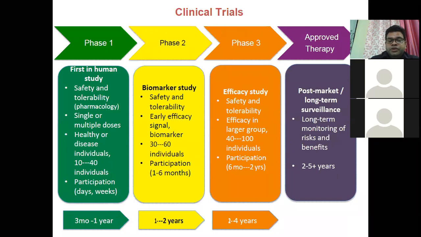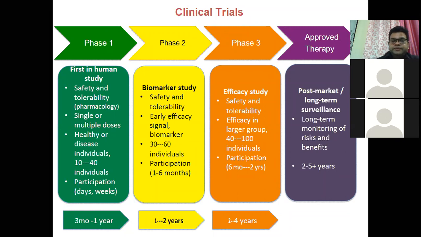The period of observation will be days or weeks, like 3 months to 1 year. This is the first phase.